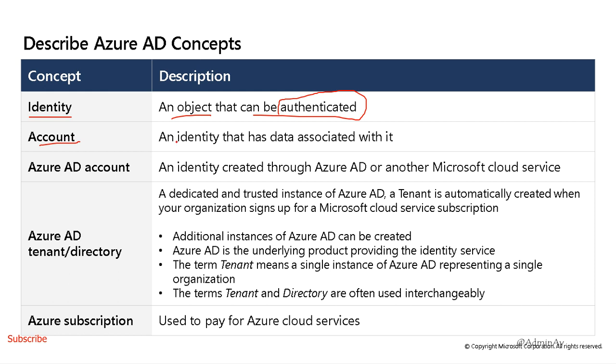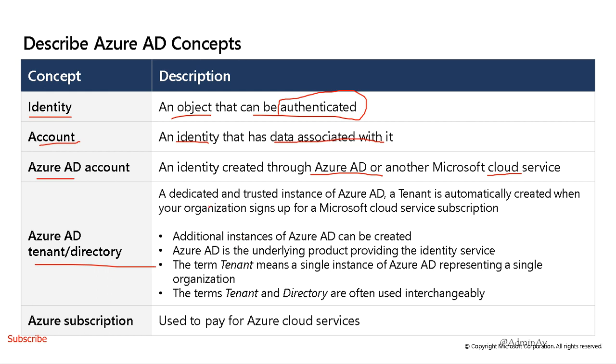An account is an identity that has data associated with it. We have the Azure Active Directory account here. That's an identity that is created through Azure Active Directory or another Microsoft cloud service, the cloud being the main point here. And we have the Azure AD tenant or directory.